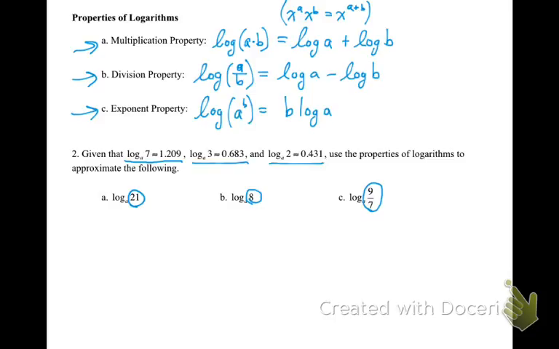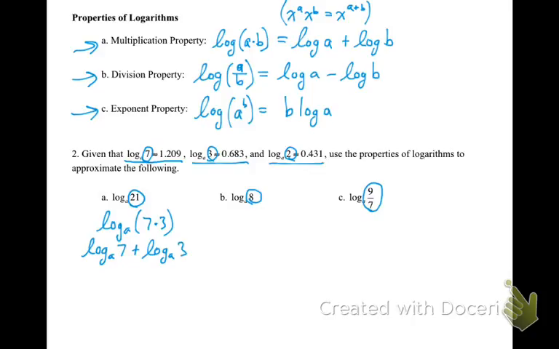For 21, using the values 7, 3, and 2 to represent 21 with multiplication, division, and our exponents, you might be able to see, well, I can represent 21 as 7 times 3. Using the product property, the multiplication property, I can rewrite this as log base a of 7 plus log base a of 3.